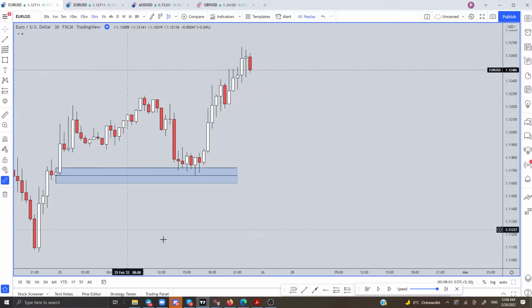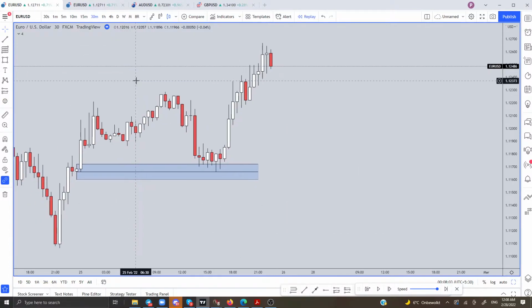So recap, this was an M30 EURUSD nice demand zone. If you have seen my previous videos, I always mention I normally wait for the price to mitigate at least 50% of my order block, or my demand in this case.